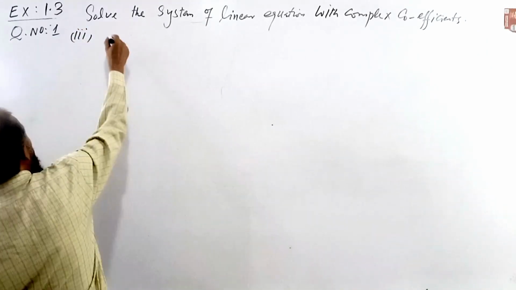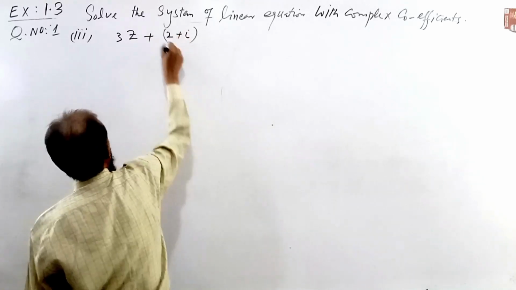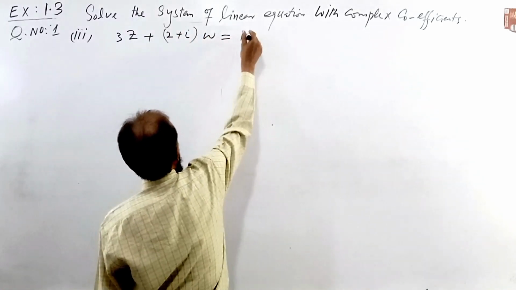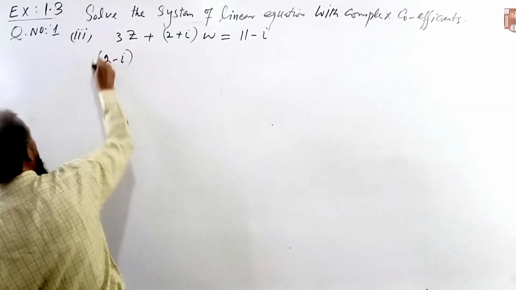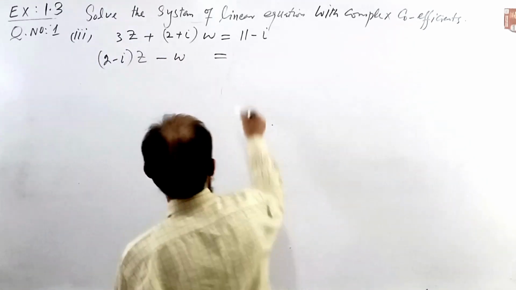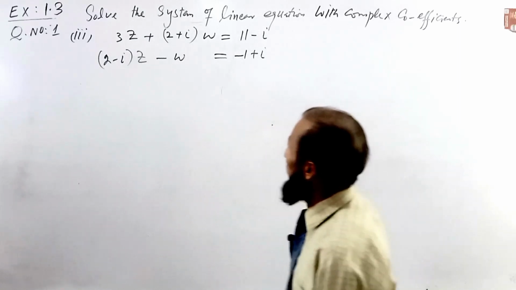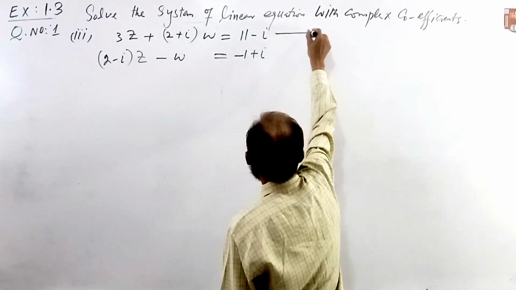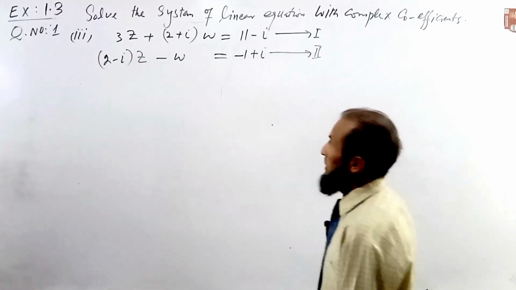Third part: 3z plus 2 plus iota w is equal to 11 minus iota, and 2 minus iota z minus 1 plus iota. Now look here, we are given two equations.